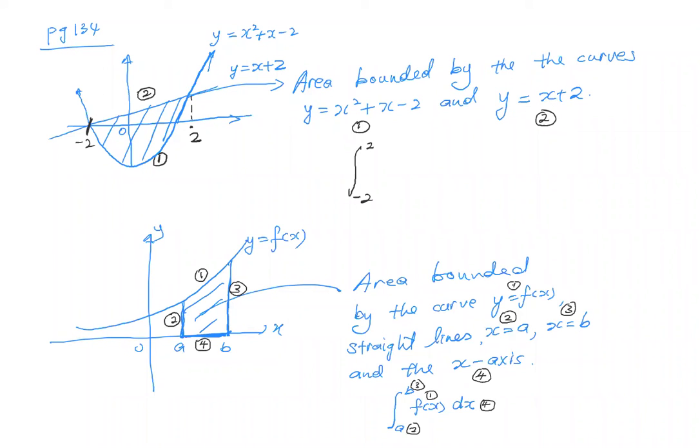The top one minus the bottom. Am I right? So the top one is equation 2. The bottom one is equation 1. That's it. So it doesn't mean that all the area is the same, you have to see how the area looks. Area bounded by two curves, or area bounded by a curve and a few straight lines.